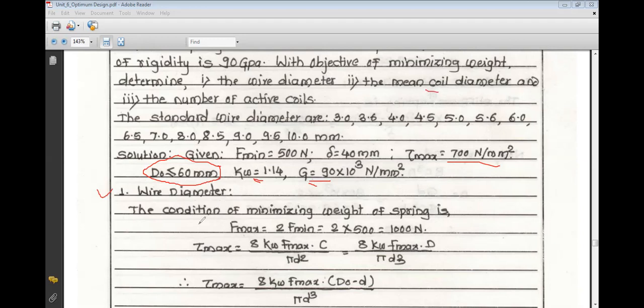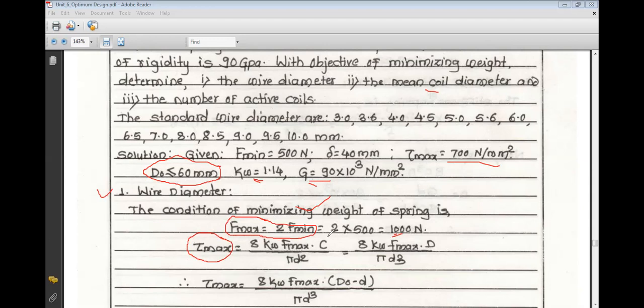Now, for the condition of minimizing weight of the spring, the maximum force we can write as 2 into minimum force, so the maximum force becomes 1000 Newton. Now there is a relation for the torsional shear stress in the spring, given by 8 KW F max C upon pi d square.